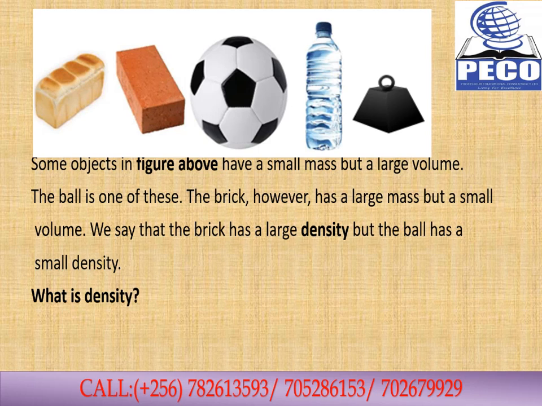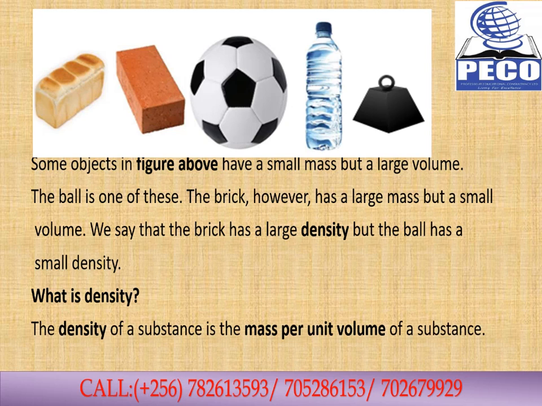Density is simply defined as the mass per unit volume of a substance. The mass per unit volume. The word unit here simply means one. Or we can say the mass of 1 centimeter cubed of the substance. The mass that will occupy 1 centimeter cubed of the substance is what we call the density of the substance, the mass per unit volume.